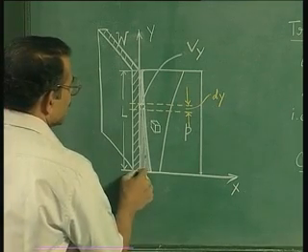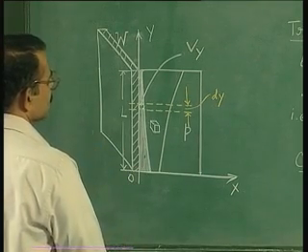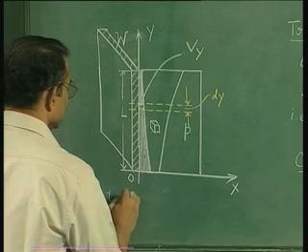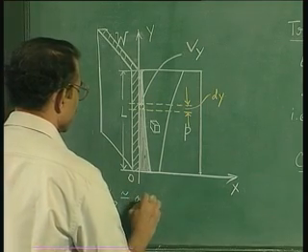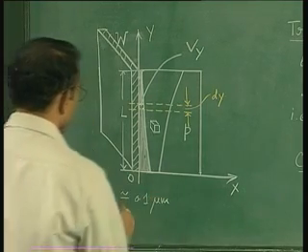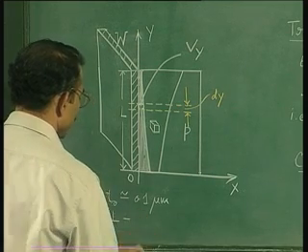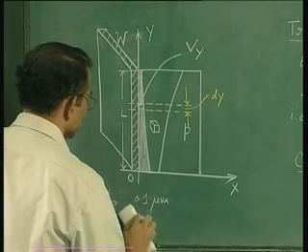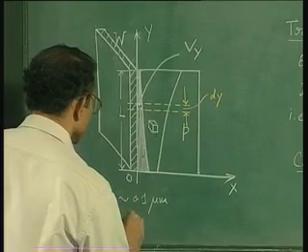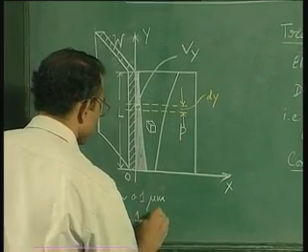So oxide thickness T naught is suppose 0.1 micron and the channel length L is suppose of the order of 1 micron.